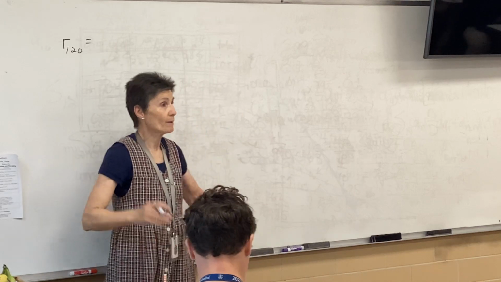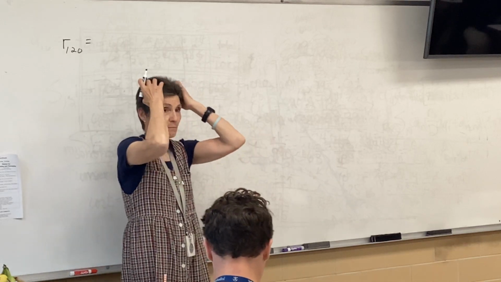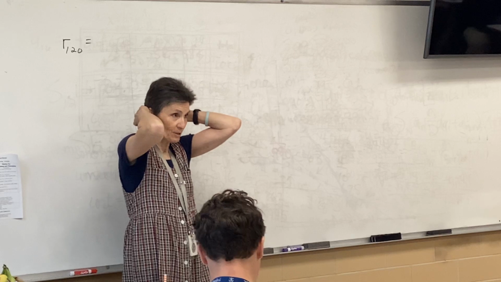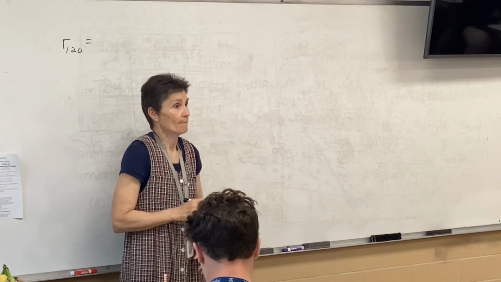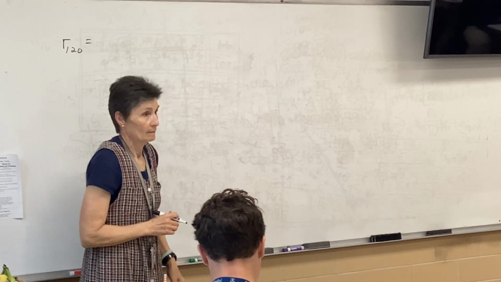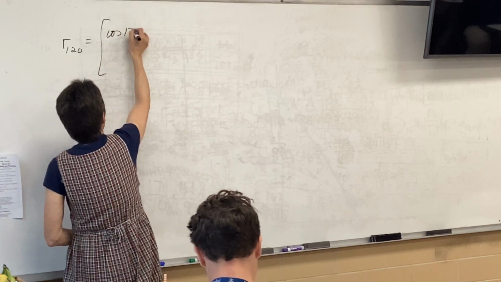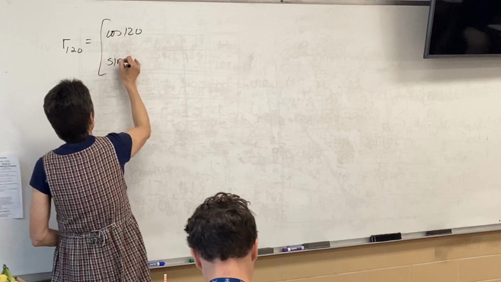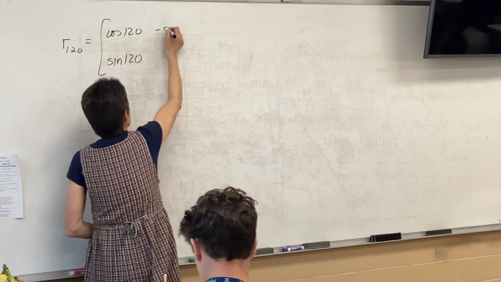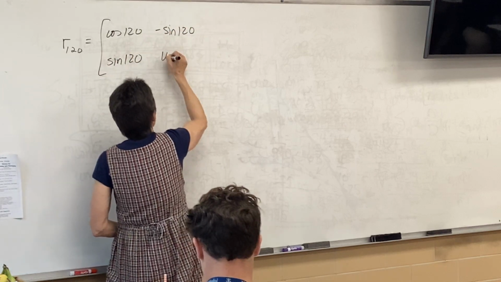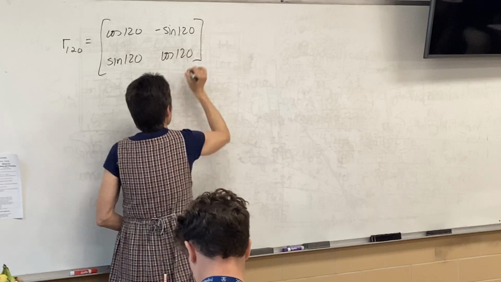Who remembers? Gotta know this. Who remembers what the rotation matrix is? Yes, Tess. So for us, it would be cosine 120, sine 120, negative sine 120, and cosine 120, just like Tess said.